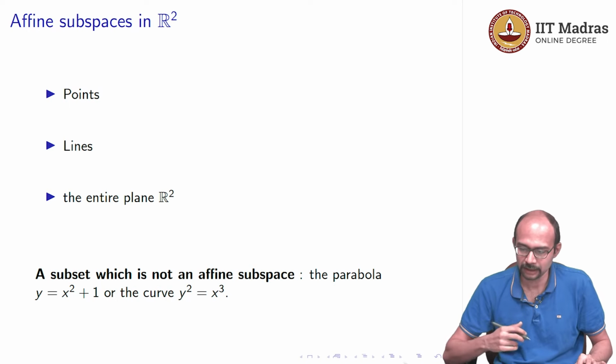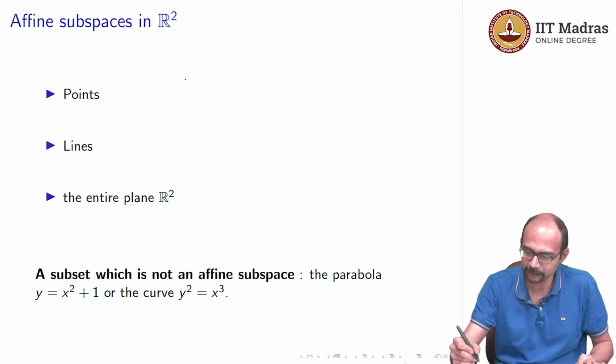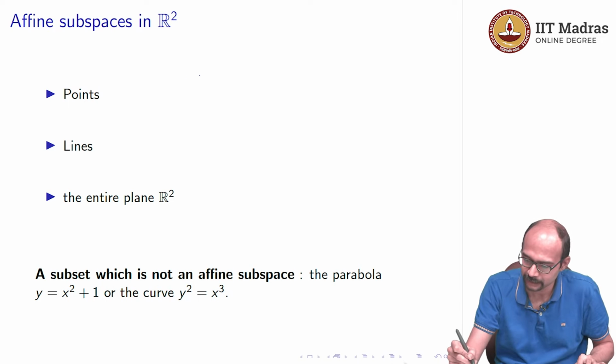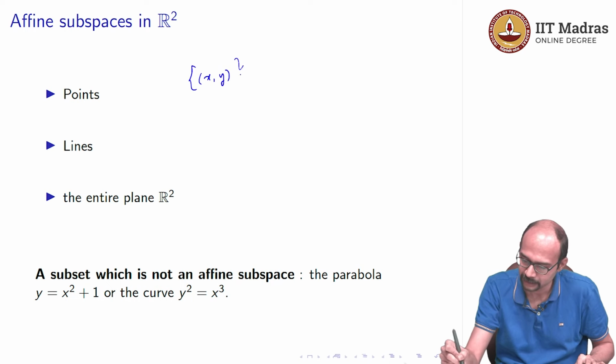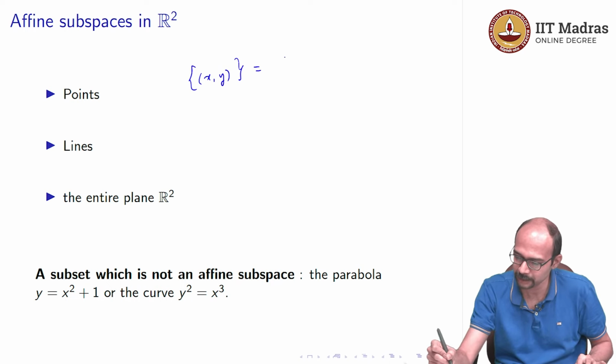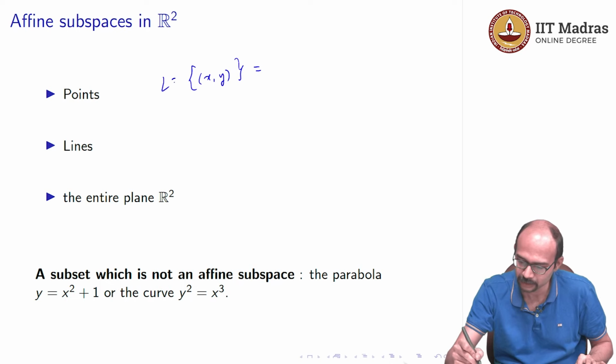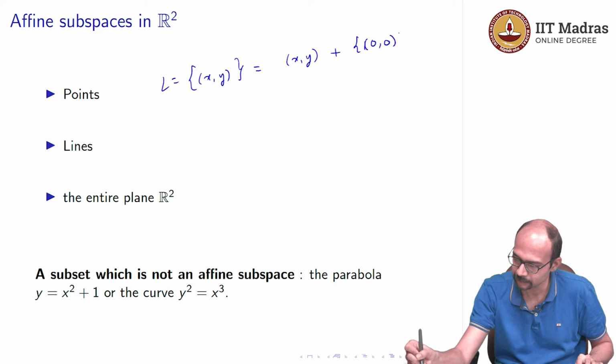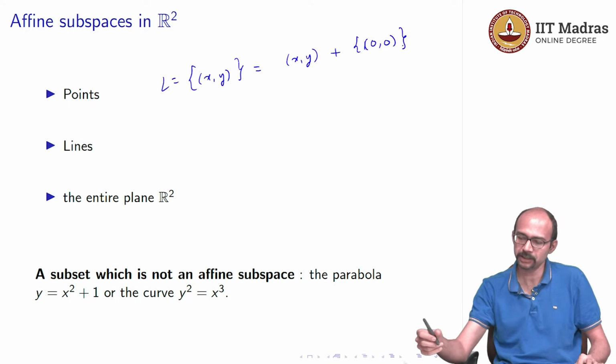Okay. So, let me write down here. If you have a point, so if I take x y, if I take this point, then how is it a subspace? So, this is my L. This is L, then this is the vector x y plus the vector subspace 0 0.